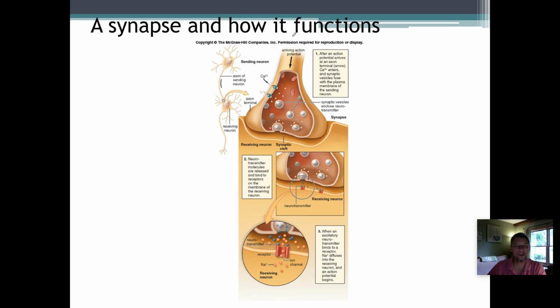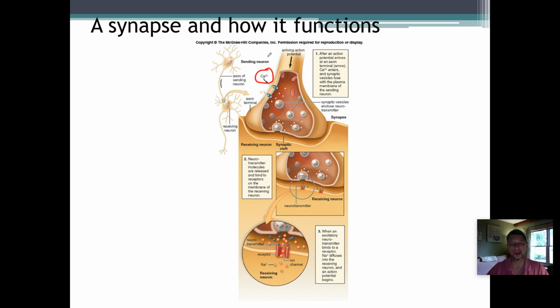All right. The big lumpy thing here that kind of looks like an upside down mushroom is the sending neuron. All right. And if an action potential arrives at the end of a neuron, a couple of things happen. First, after an action potential arrives at an axon terminal, calcium enters, all right? And you can see the calcium ion shown here, and it's going into the axon terminal, the end of the axon.